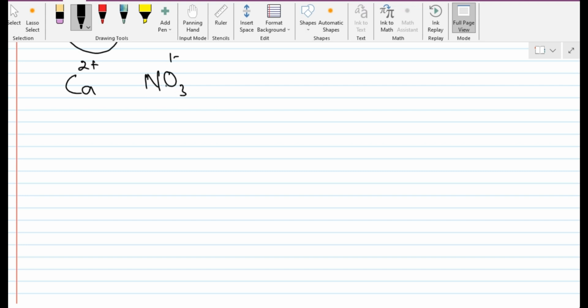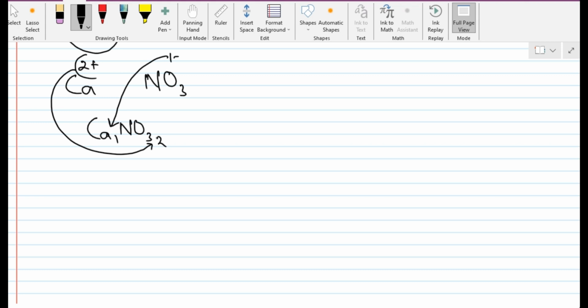You are not supposed to relocate or displace this number. Just combine, as we learned previously: CaNO3. Both the cation and anion are combined. Now the numbers are crossed. This number should be written at this position, so it will be 1. And this number should be placed at this position, 2.